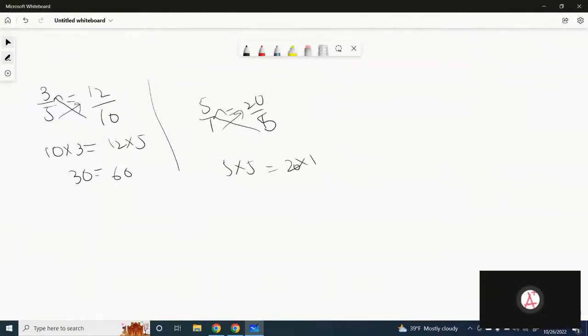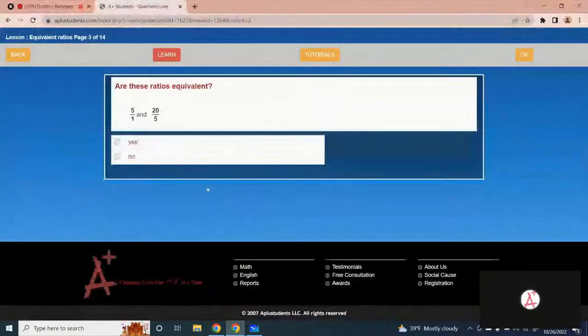So 5 times 5 is 25 and 20 times 1 is 20. Got it? They are not equivalent. The answer is no, they are not equivalent. Got it?